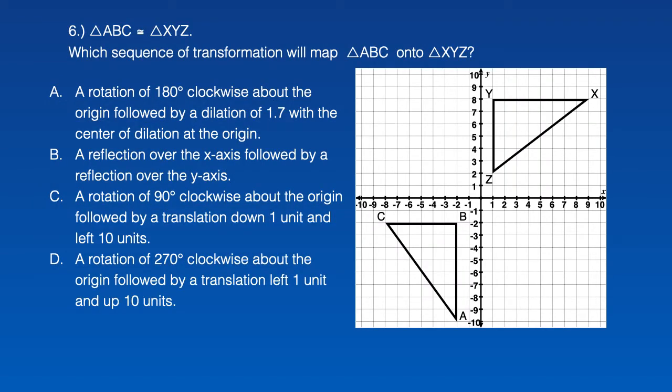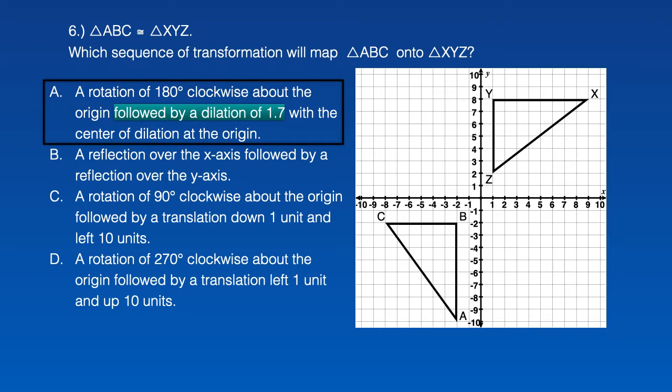All right, question number 6. Which sequence of transformations will map triangle ABC onto triangle XYZ? Again, let's go one at a time. Letter A, a rotation of 180 degrees clockwise about the origin, followed by a dilation. Okay, on this question, let me point out how we could do it quickly.